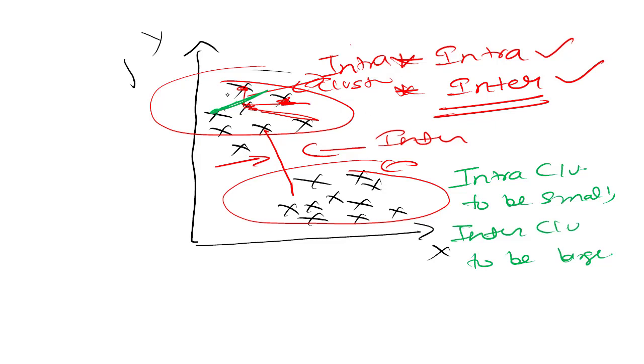The data points should be closest, and the intra-cluster distance should be smallest. And inter-cluster means the dissimilarity between two clusters should be maximum. So here we have written our optimization objective: we want inter-cluster to be large and intra-cluster to be small.